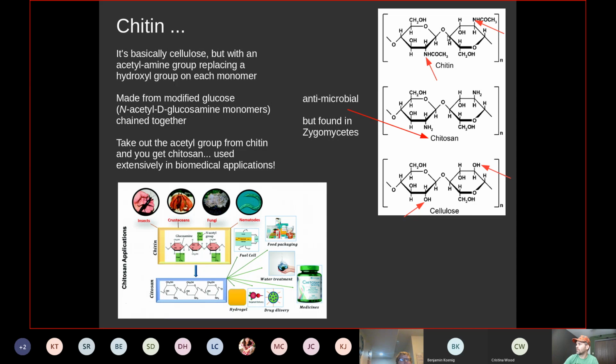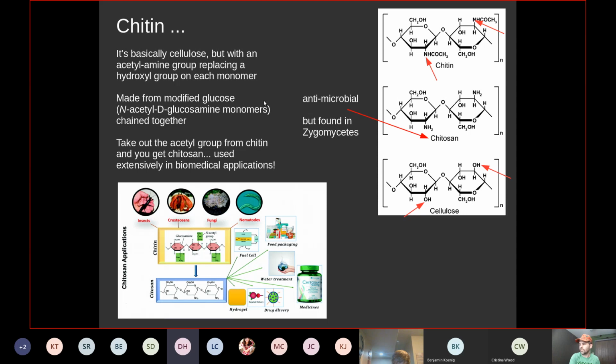So can you see the difference? Instead of this OH, it's got this acetylamine group here. So we replace the hydroxyl group with that, and that's basically the main difference between cellulose and chitin. So it's not super huge, and there are plenty of groups around the eukaryote tree of life that can make chitin.